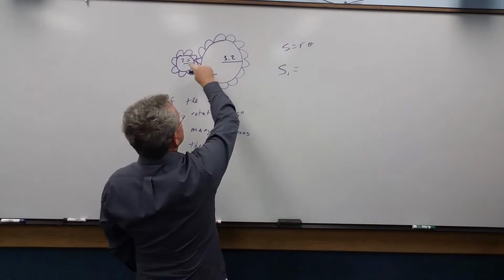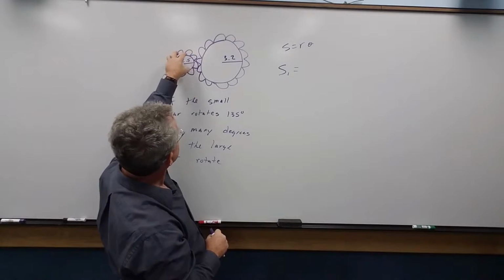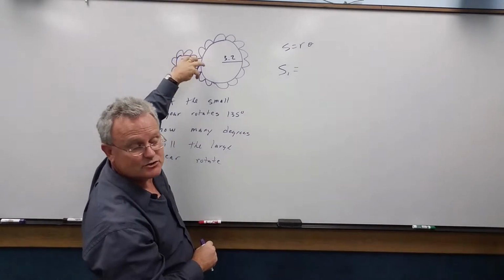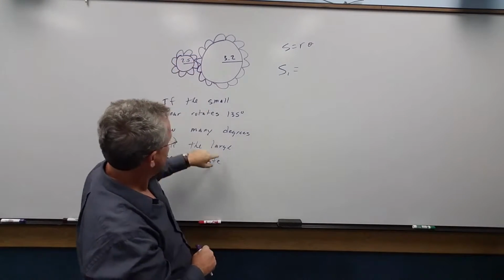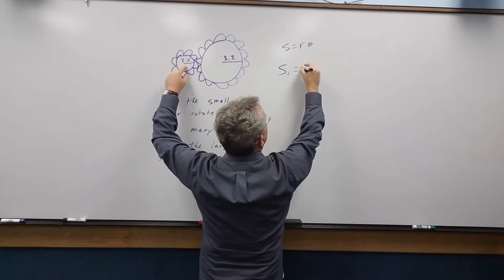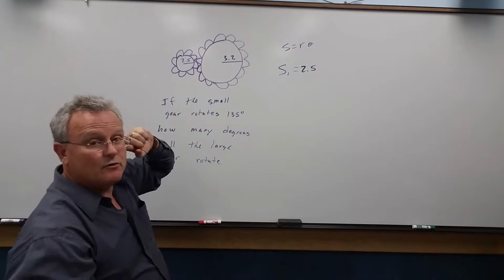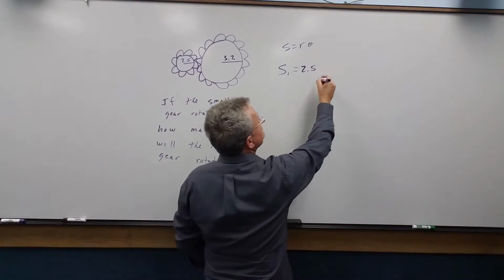So let's look at the small gear. How much distance will that cover when it spins 135 degrees? Well, R is 2.5, let's say it's inches. Theta, we're told, is 135 degrees.